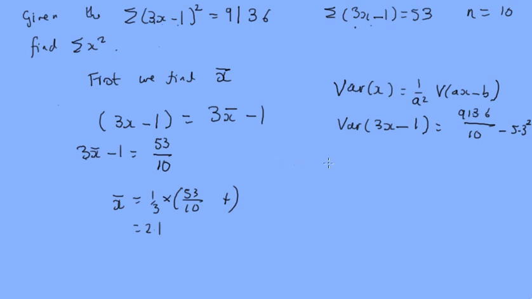So the sum of x squared over 10 minus the mean, which was 2.1, squared, must equal a ninth of the variance of the coded data, which we've got here.